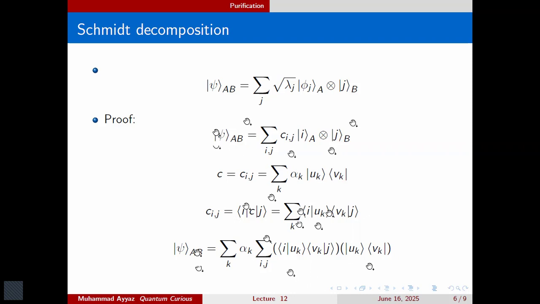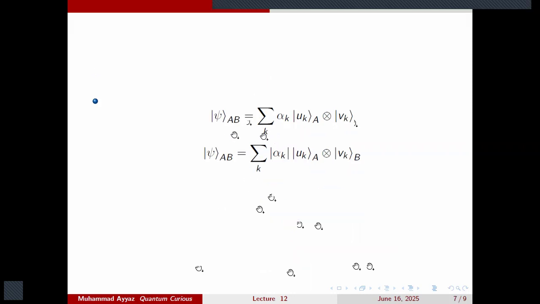And we could see that we could build the state with eigenvalues alpha k and eigenvectors uk and bk related to the system A and B.